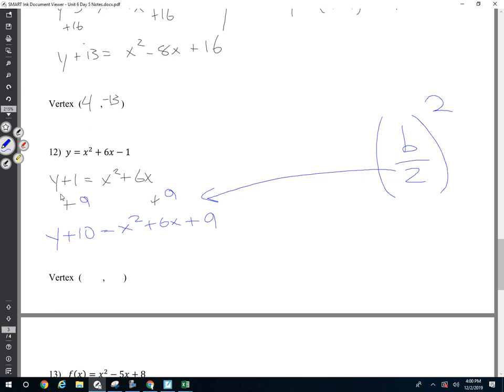It's always going to be b divided by 2 squared because this is x plus 3 squared. X plus 3 times x plus 3. Those are the two numbers that add to get 6 and multiply to get 9.